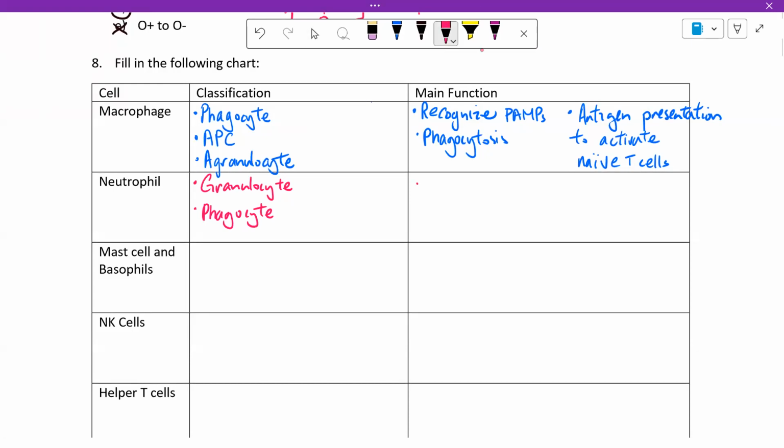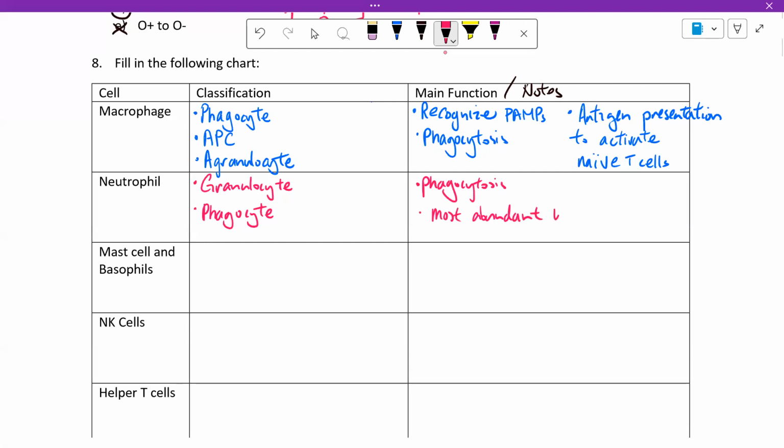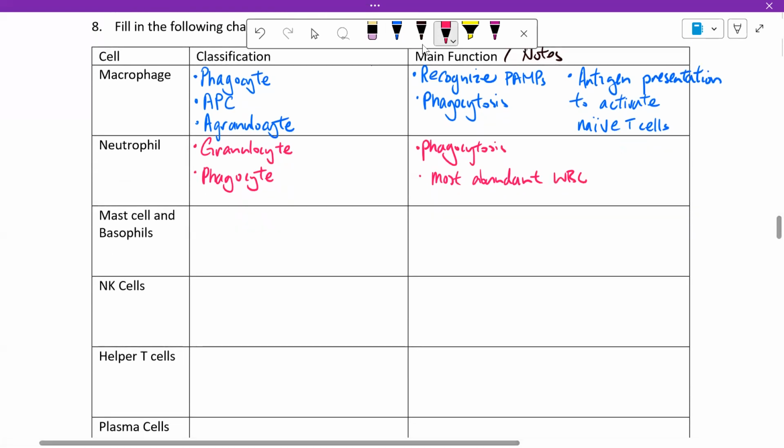So main function, just phagocytosis. We'll say main function slash notes, I guess. I don't know what to call it. So most abundant WBC. 70% of the white cells are neutrophils.